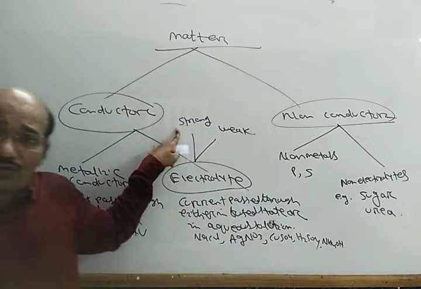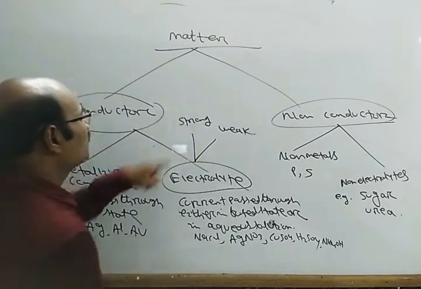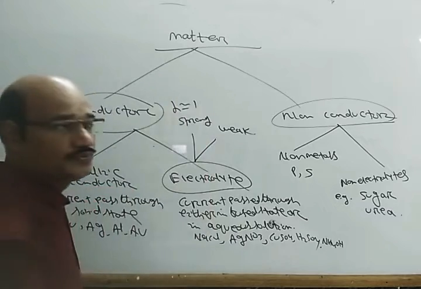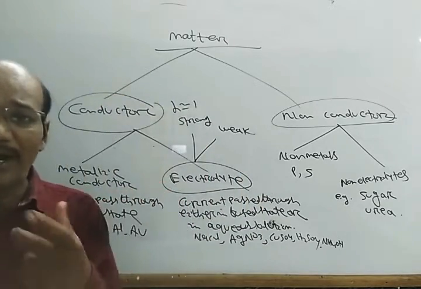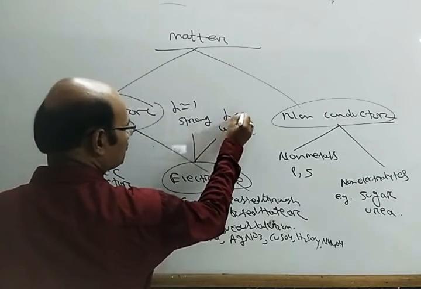Strong electrolytes are those which undergo complete ionization, that is, the degree of dissociation alpha is equal to 1. Weak electrolytes are those where the degree of ionization is less than 1, so alpha is less than 1.